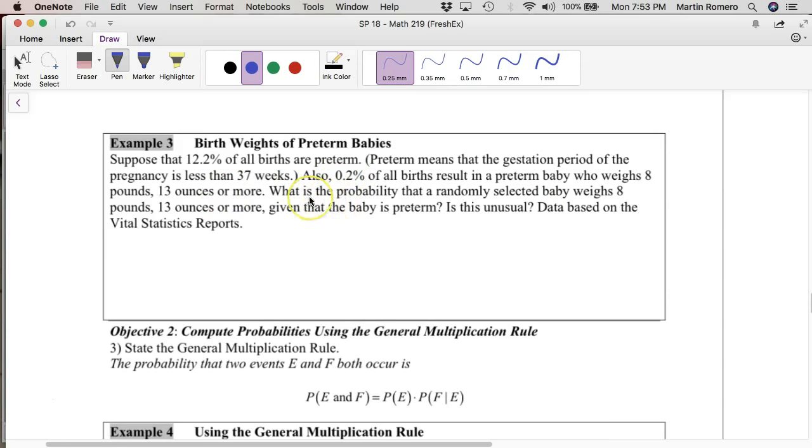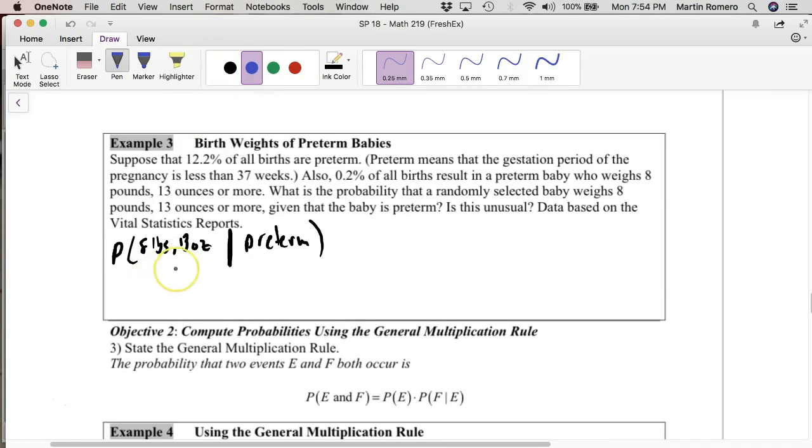What is the probability that a randomly selected baby weighs 8 pounds, 13 ounces or more, given that the baby is preterm? So here's what we're trying to find out: the probability of weighing 8 pounds, 13 ounces, given that the baby is preterm.